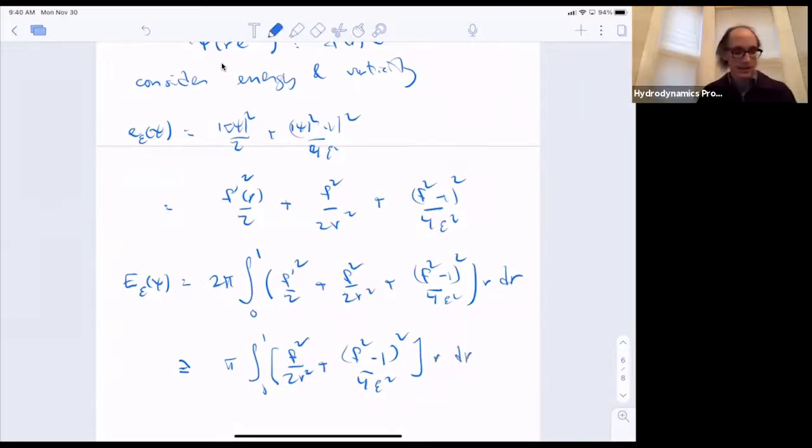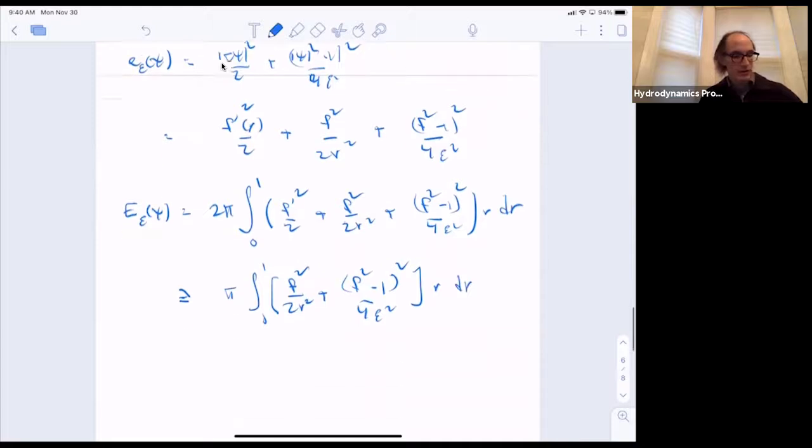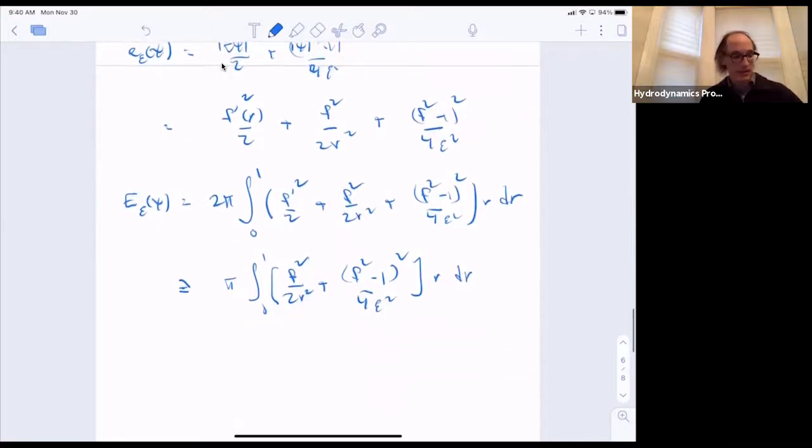Okay, I can see that if r is less than epsilon, then the dangerous term is the first one, the integrand.